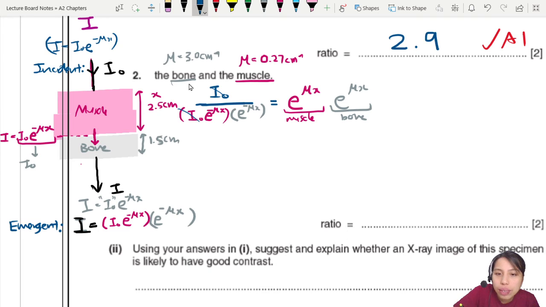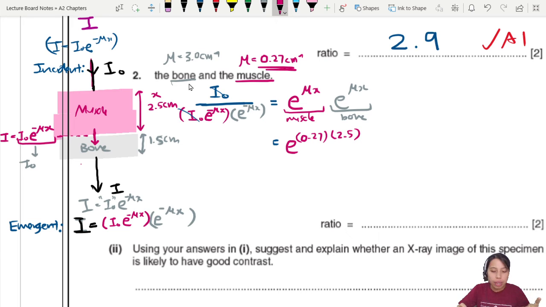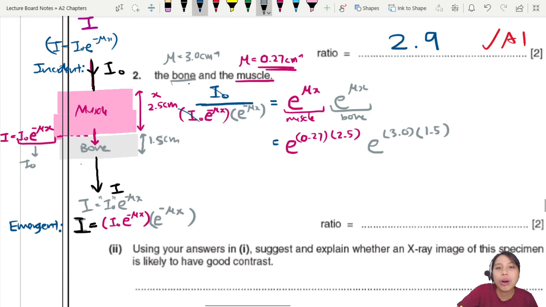So let's calculate all the things inside here. For e, what's the mu of muscle? 0.27, all in cm, right? Okay, all good. Times 2.5 cm in total, the total muscle that you pass through. Then you have the bone times e to the, what's the mu of bone? 3.0 times how much bone do you pass through? 1.5, all in cm, so we're all good.